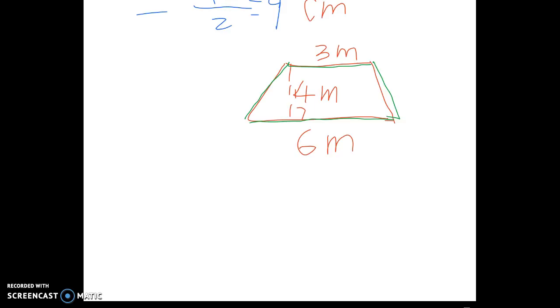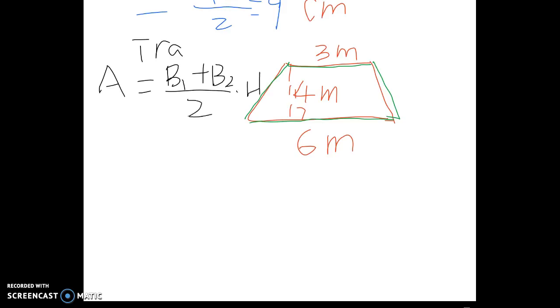So the formula for a trapezoid will be base 1 plus base 2 divided by 2 and then multiply by h. And now we need to identify which one is base 1, base 2, and the height.